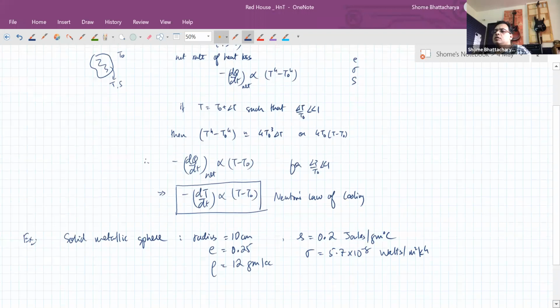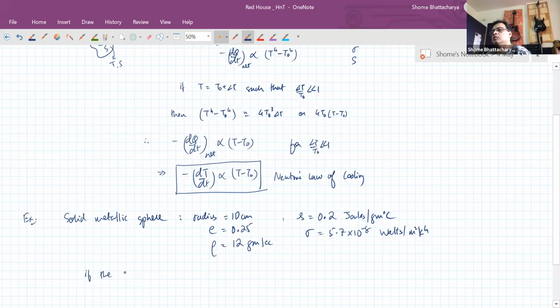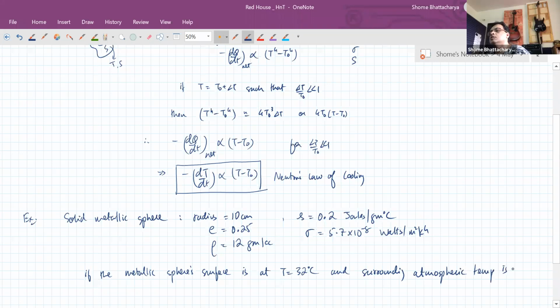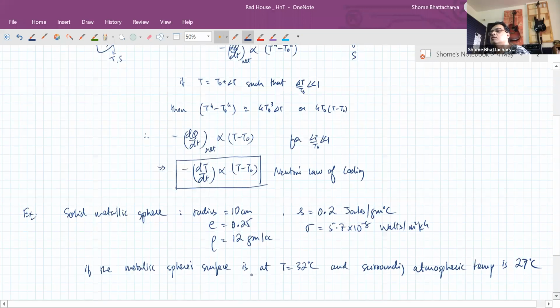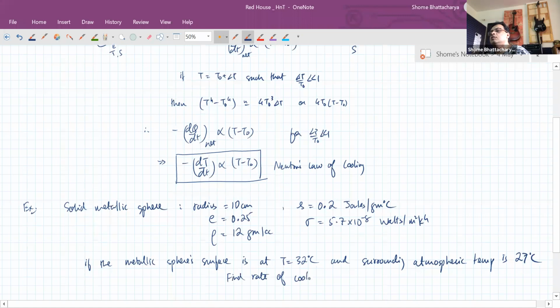So now the question is that if the metallic sphere's surface is at a temperature of 32 degrees C, and the surrounding atmospheric temperature is 27 degrees C, then find the rate of cooling in kelvins per second.